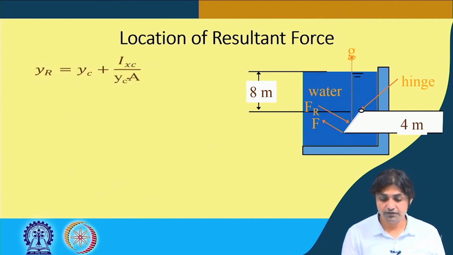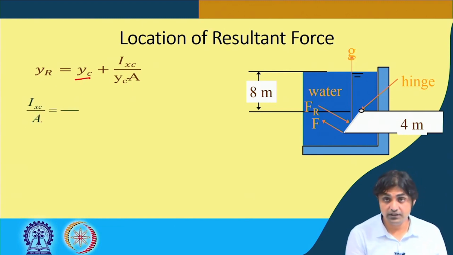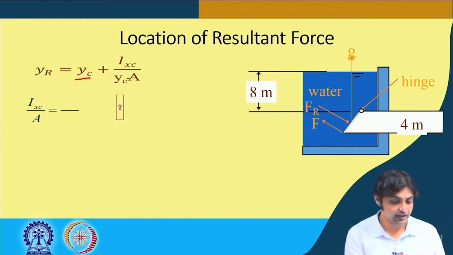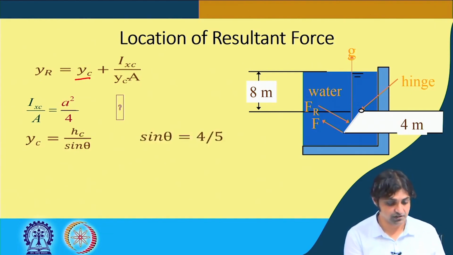So what is the location of the resultant? We need to find out YR and XR. YR is given by YC plus IXC by YC A. From the set of areas that we had seen in the last lecture, IXC by A is given as A square by 4. If you are confused, you can go and see it in the last lecture notes. YC can be written as HC by sin theta. This we have already seen in the derivation. Sin theta is 4 by 5 here, because the minor axis and major axis are 2.5 and 2.